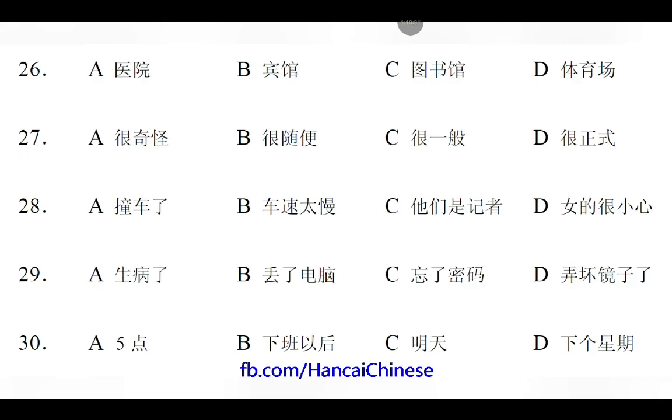So what we know from this dialogue is that they are not reporters, no accident happened, and their car is not slow. So which one is the correct answer? D is the correct answer.